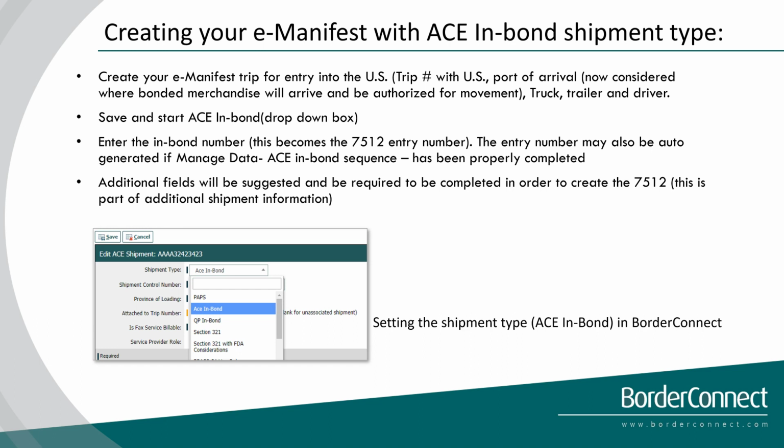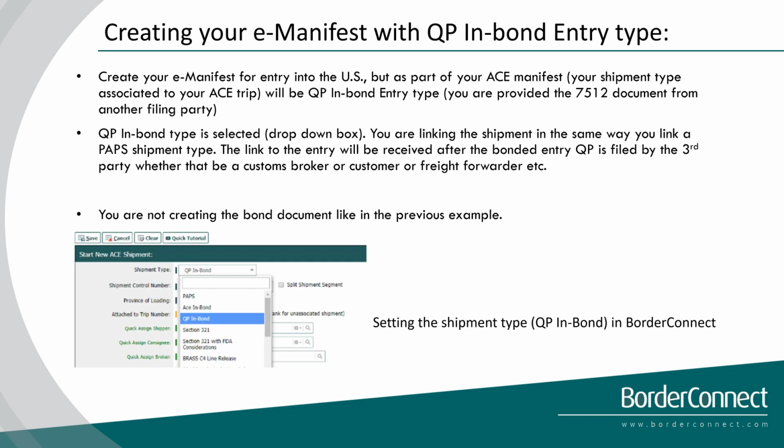And again, during Justin's demonstration, he can show you where you could enter your ACE in-bond series that you received from U.S. Customs, that you can enter right into the system. Additional fields will be suggested and be required to be completed in order to create that 7512, so having that shipper's paperwork is mandatory.